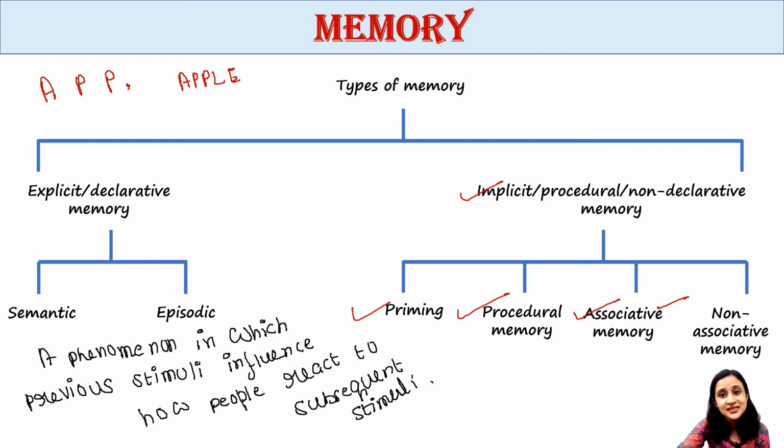Here previous stimuli means you knew the word apple and its spelling from your childhood. And subsequent stimuli is that what I am providing you now. I am spelling the word. So from your previous stimuli and experience, you can follow me now that APP means it would be apple.